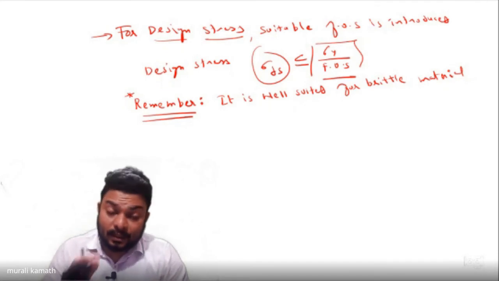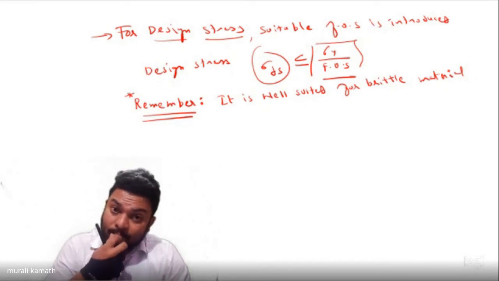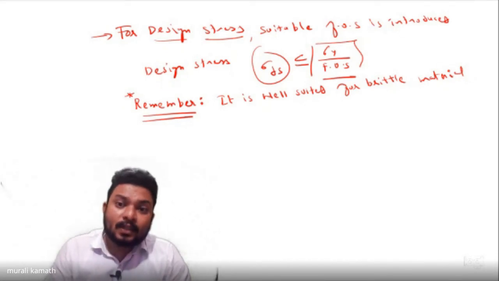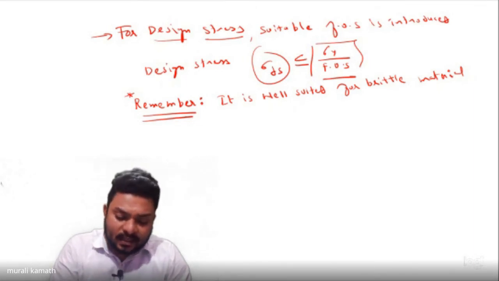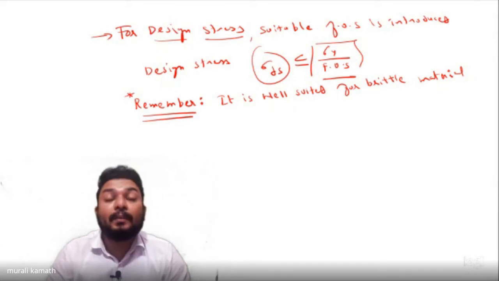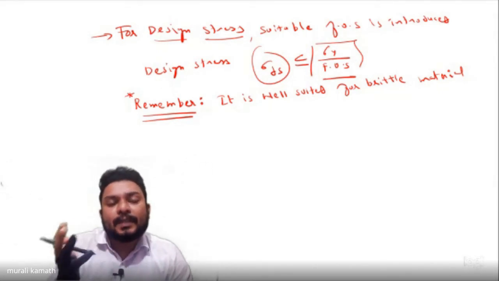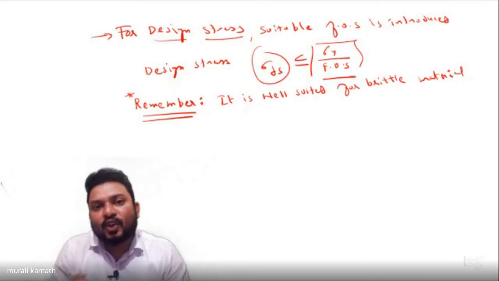I am not saying nowadays there are composite materials. So don't include the composite material, because from the name itself you can see, composite means there will be a mixture of two materials.